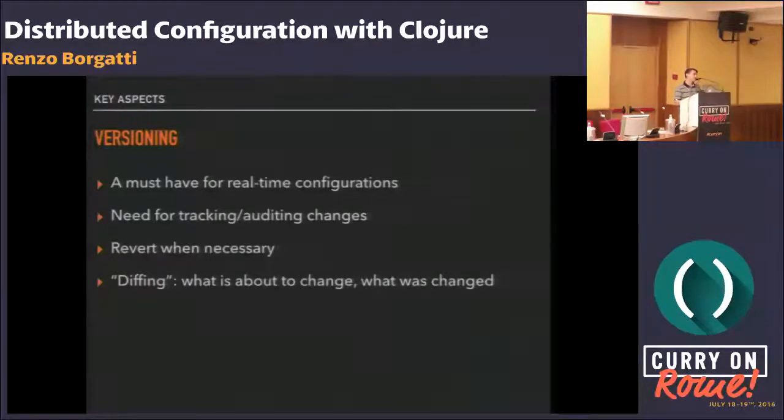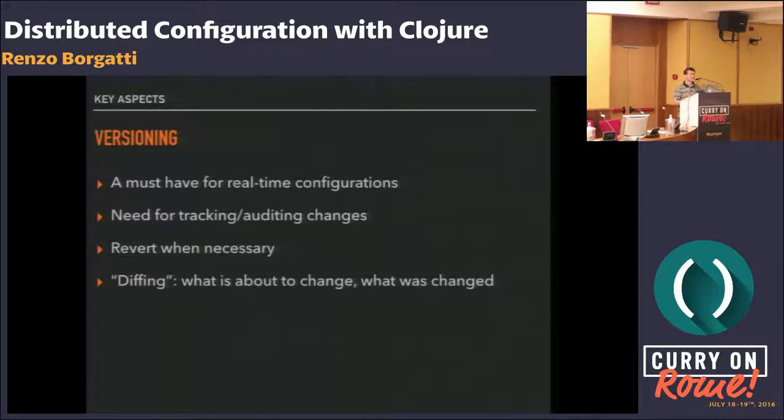And when you're pushing a new configuration to the live environment, you want to know what you're pushing. You want to see a diff, for example, of what values are about to change. And of course, you also want to be able to revert the configuration in the running cluster if anything goes wrong.